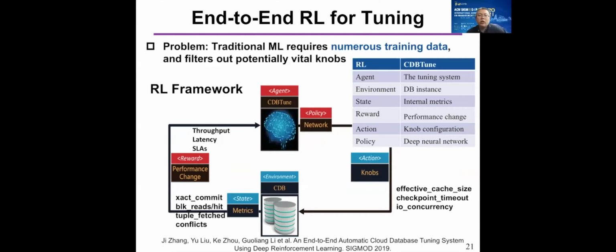When we apply the action, we run the workloads on the database, and the database will report some metrics, for example, the transaction commit number, the tuple fetch number, and some conflict number. Based on the metrics, we can capture the correlation between knobs and metrics. We can also get the performance change after we do the action.